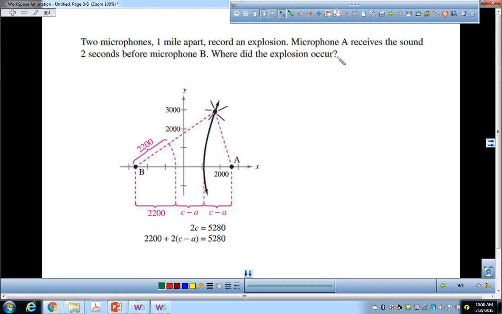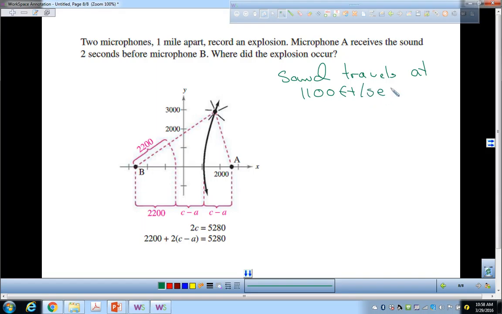Okay? And so what happens here is that they will tell you in the problem, sound travels at 1,100 feet per second. How far is a mile? 1 mile equals 5,280 feet.